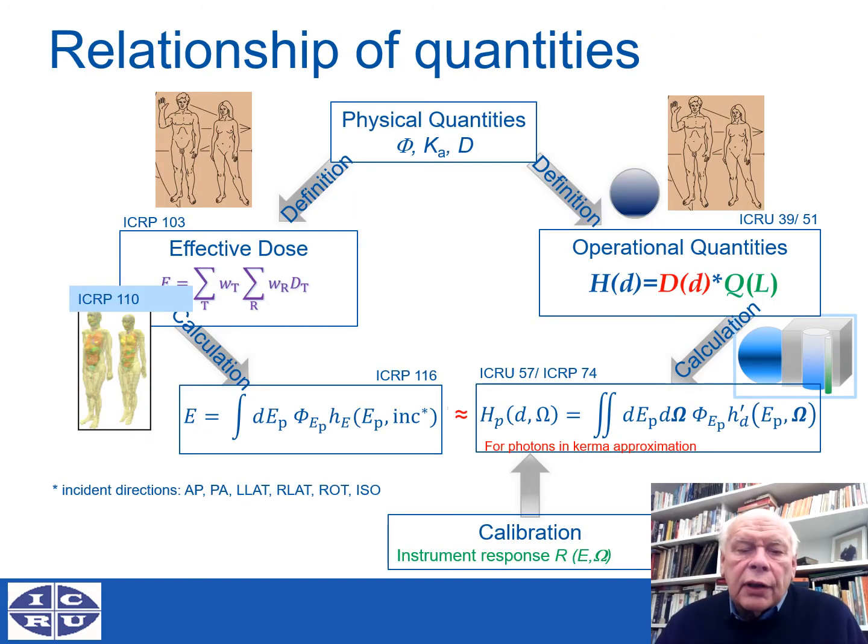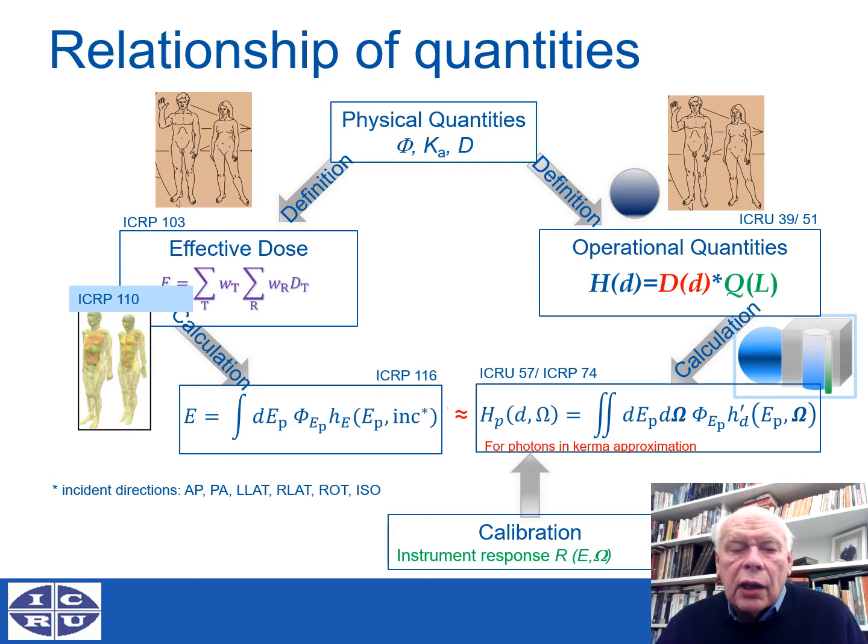This slide sums this up, or compares. We always start off when we want to calculate these quantities, or their conversion coefficients rather. One starts off with a description of the radiation field, for example, fluence or kerma in air.